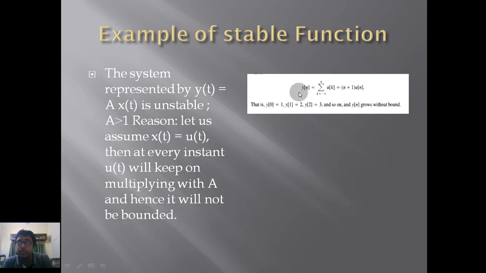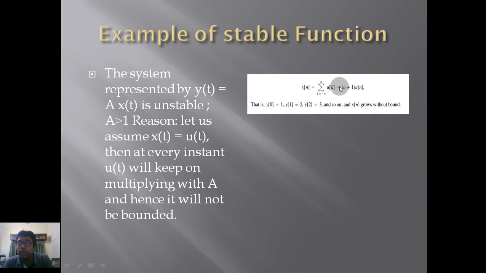Now suppose this is y[n], with the sum running from minus infinity to n, which is equal to (n + 1) u[n]. u[n] is a step function, so the value of the step function will be 1 in each case. Now for n = 0, the value will be 1.